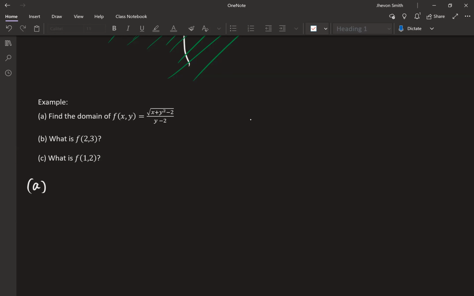Why do you say x greater than 2? y greater than 2? Right, y not equal to 2 is one of them. So you need y not equal to 2 for the denominator. Anything else?